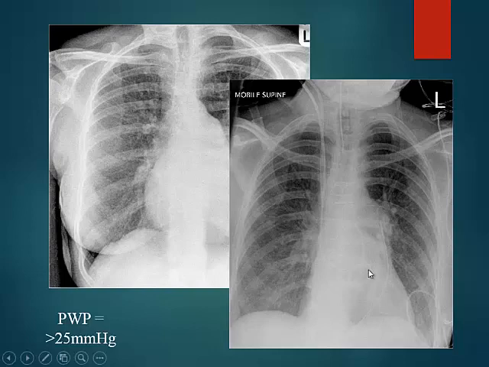You can see there's a metallic valve here in the mitral position, so the patient has had mitral valve replacement. The patient had severe acute mitral regurgitation, because of which they had pulmonary congestion and acute breathlessness. This is after cardiac surgery, and those congestive appearances have now reduced post-surgery.